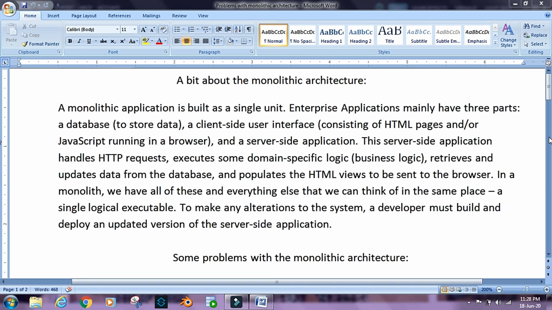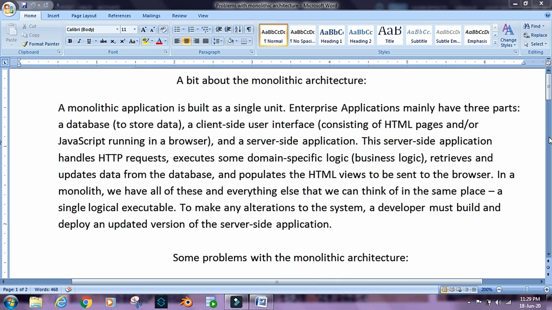And to make any alterations to the system, a developer must build and deploy an updated version of the server-side application. So even if we need to change just a single line of code, maybe an HTML tag that needs to be changed for a particular page, for that we have to update the whole application, all the components inside the application.